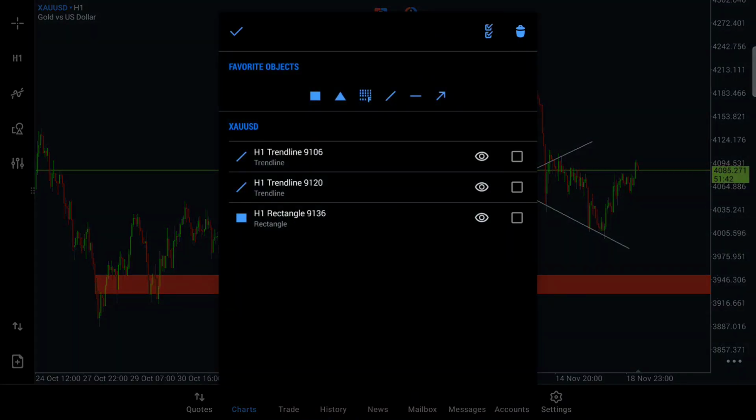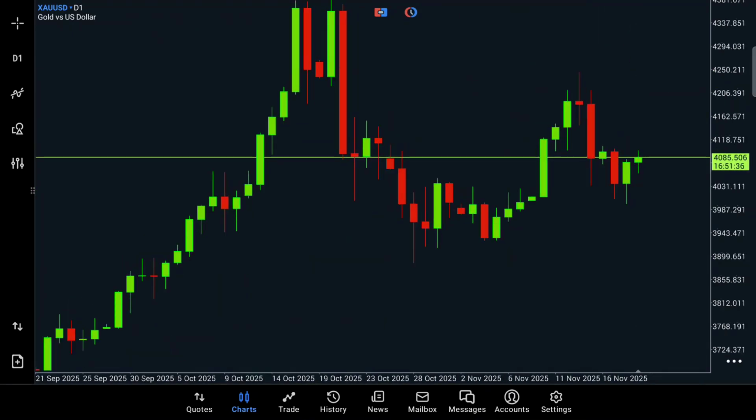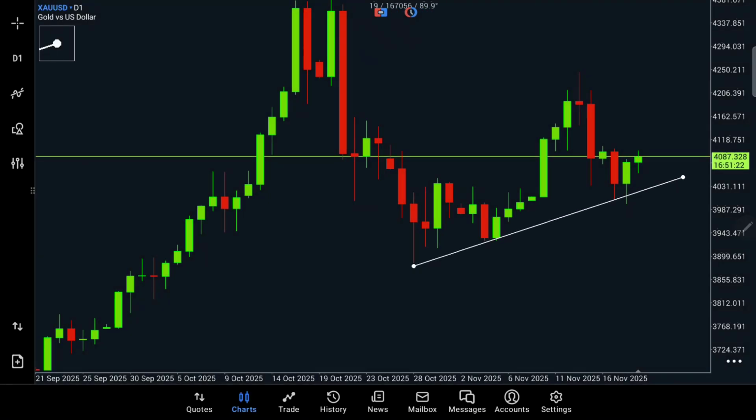So let's remove all of the previous drawings and start with a fresh analysis. As per our trading style, we start our analysis with the higher time frame, then we get back into the lower time frame to find out our direction or market entry. As you can see, in the daily time frame, that means the D1 time frame, the market just created a trend line channel over here, and there is a fake breakout, or there is a wick.